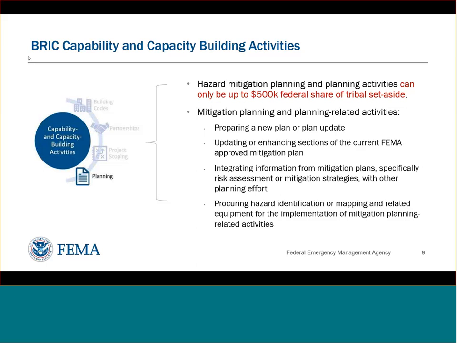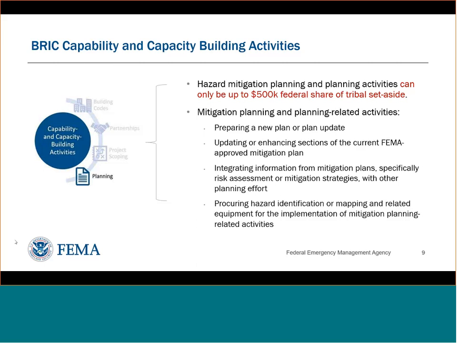You could also do planning activities, such as enhancing a section of your current FEMA approved plan, or integrating information from your mitigation plan, like your risk assessments or strategy, into another planning effort, such as a comprehensive plan. And then at the very end there, you'll see things like procuring hazard identification or mapping related equipment in regards to implementing that mitigation planning related activity.